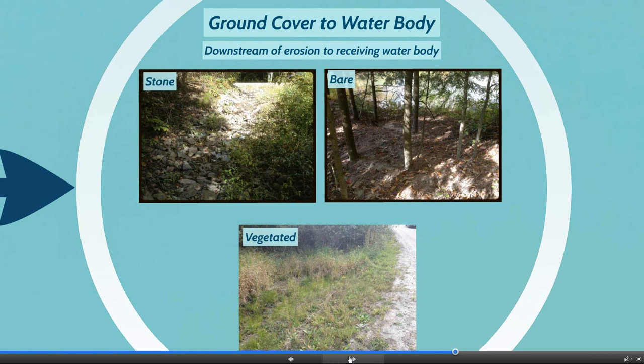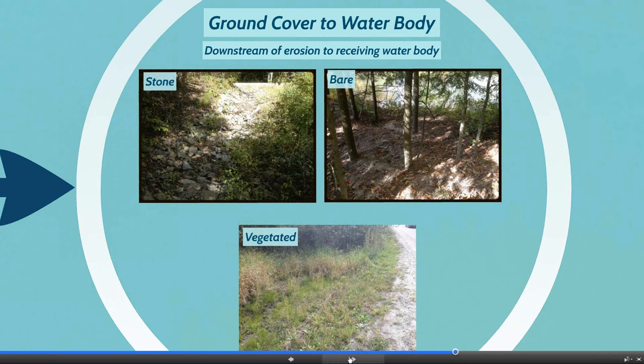We have high volumes of water running through the erosion site. Essentially the sites where there's a direct connection from the road erosion area to the stream. And that's ultimately what we're trying to measure, the connectivity between the erosion site and the stream. The sites that have the most efficient connection are the ones that are going to rise to the top of the ranking.